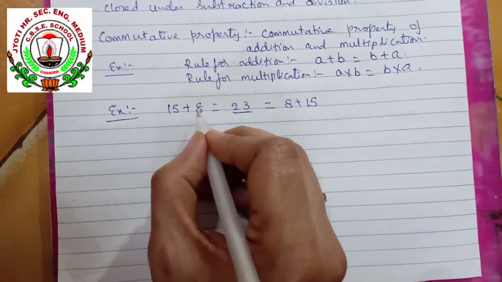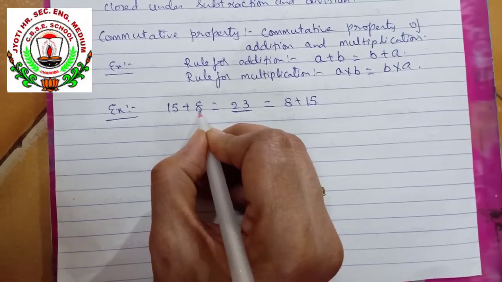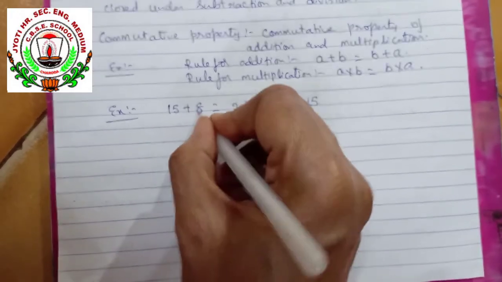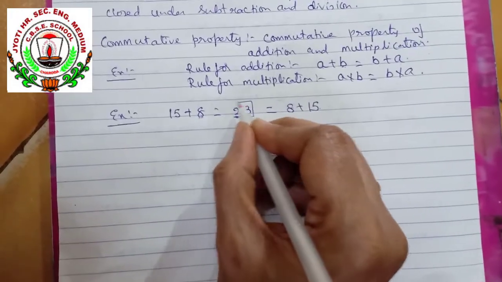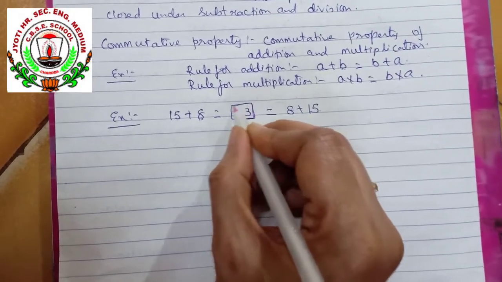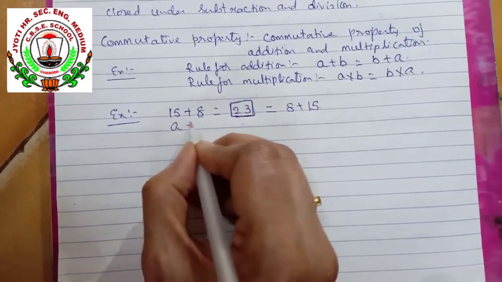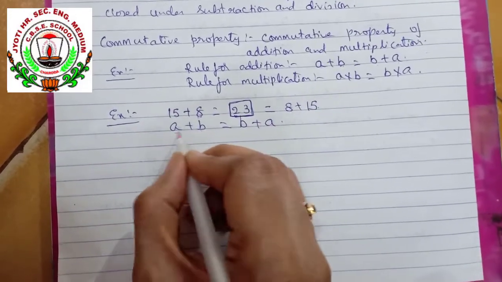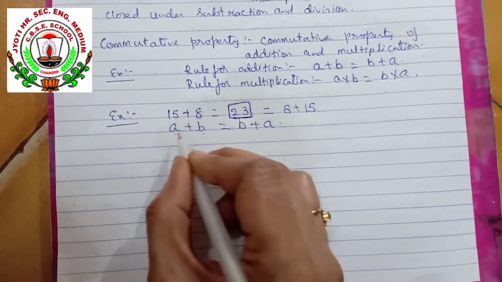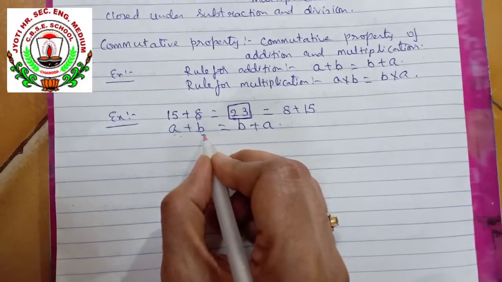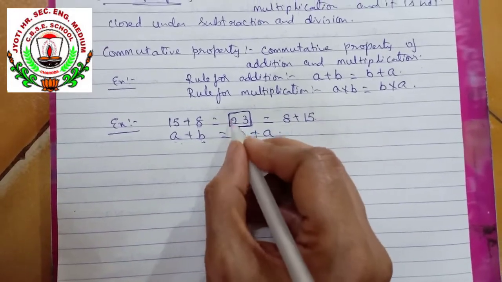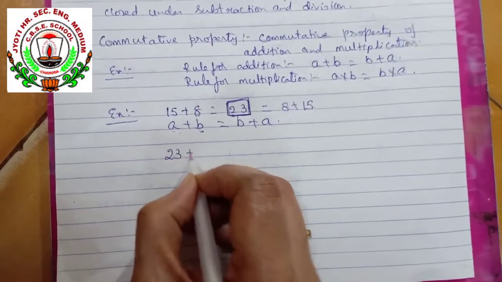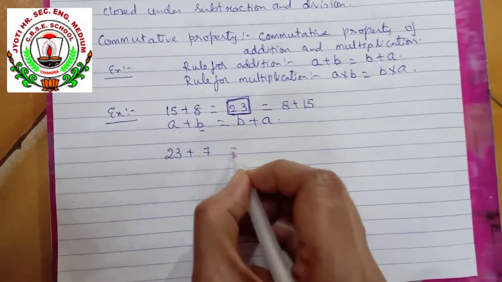When I interchange the places of the numbers given in the question, the answer I get is the same, so A plus B is equal to B plus A.